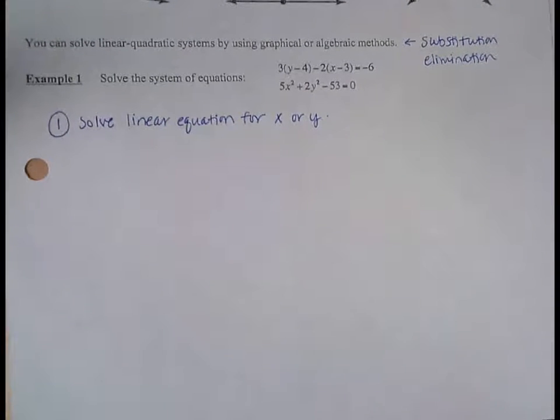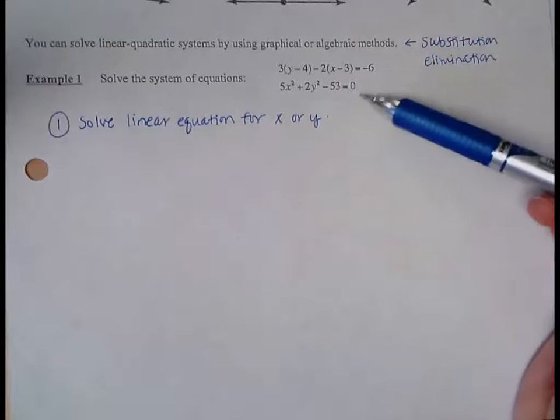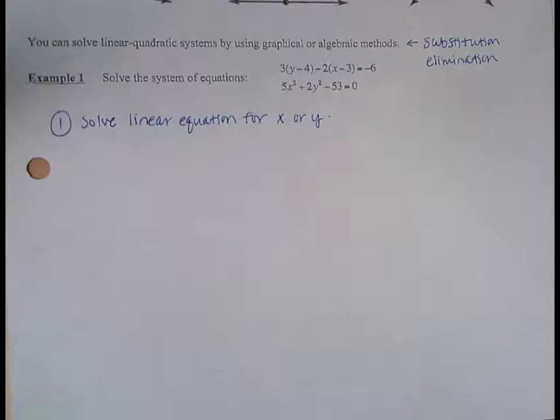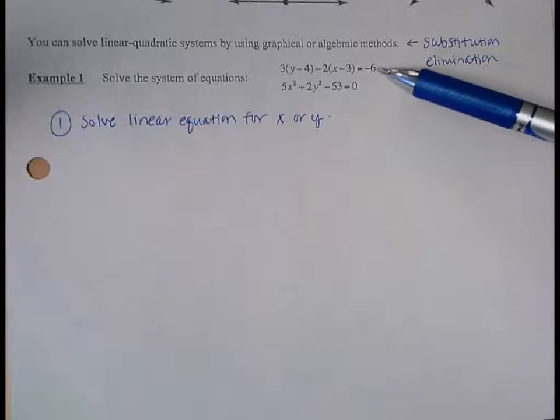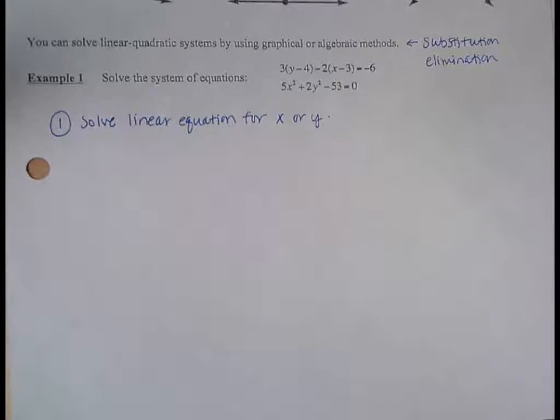And so that means you do have to identify in your system of equations which one of the 2 equations is the linear equation. Anyone have an idea here, equation 1 or equation 2, which one is the linear equation? Equation 1, how do you know that one's linear, not the second one? Yes.